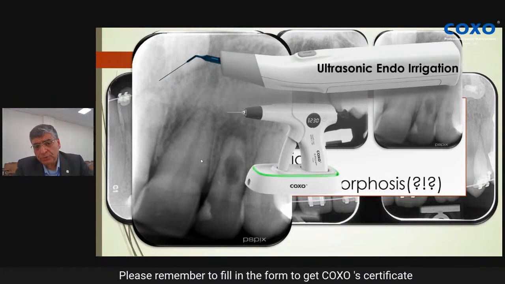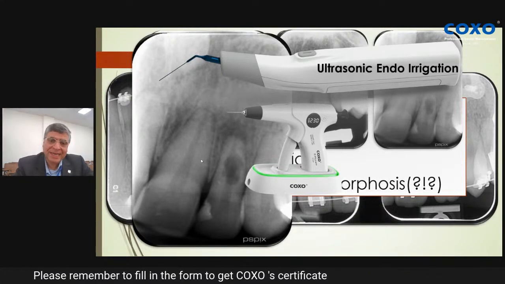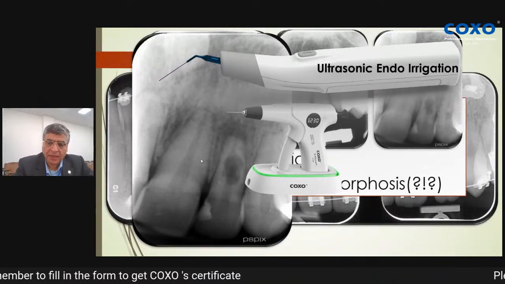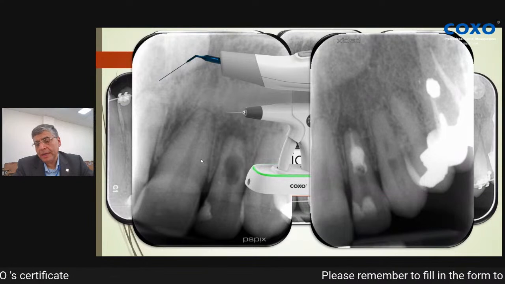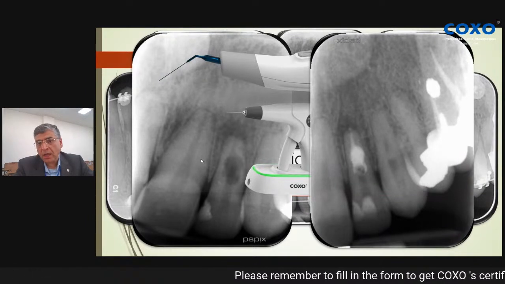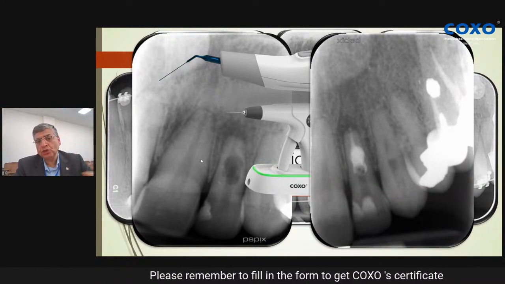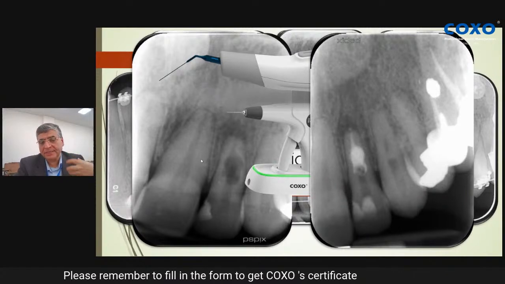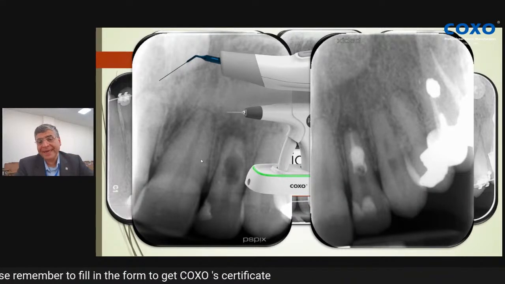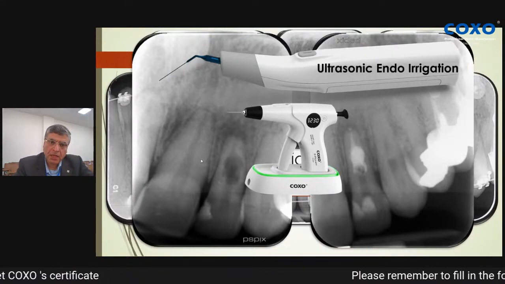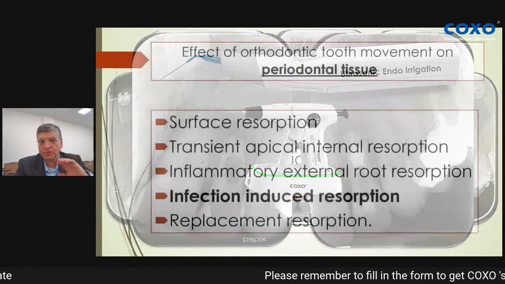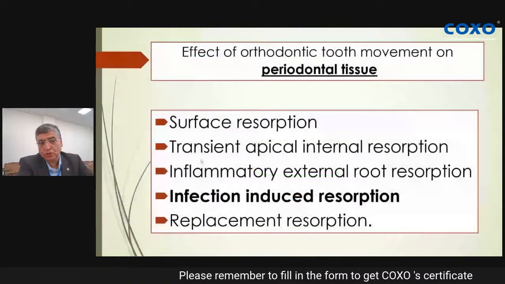And when we want to obturate such a canal, we need a warm gutta-percha technique, any of them, and we can inject gutta-percha inside the canal to make sure that we seal the root canal system against bacterial leakage and against the leakage of other cells. So for internal root resorption, that is the case that we should do.